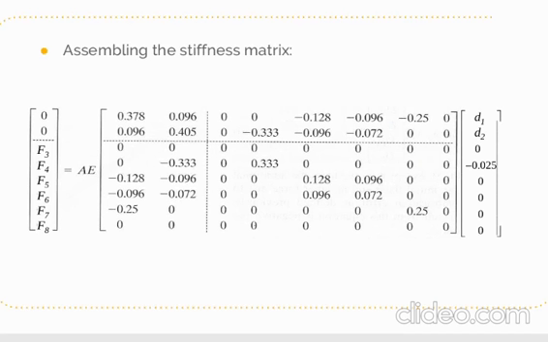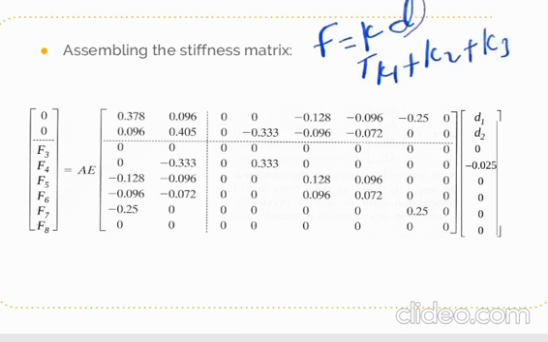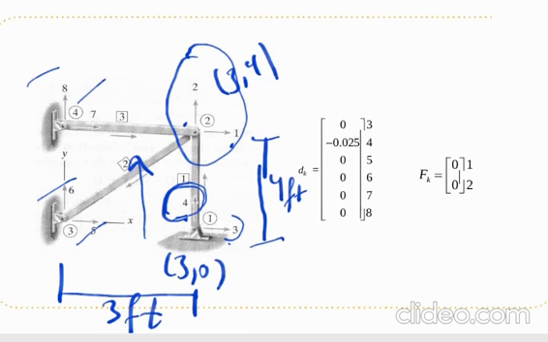So after finding all the K matrices, now we want to find force. Force equals K multiplied by D. K is K1 plus K2 plus K3, and D is displacement. Displacement D1 and D2 we don't know, because here, as you see in this figure, D1 and D2 is a free joint.